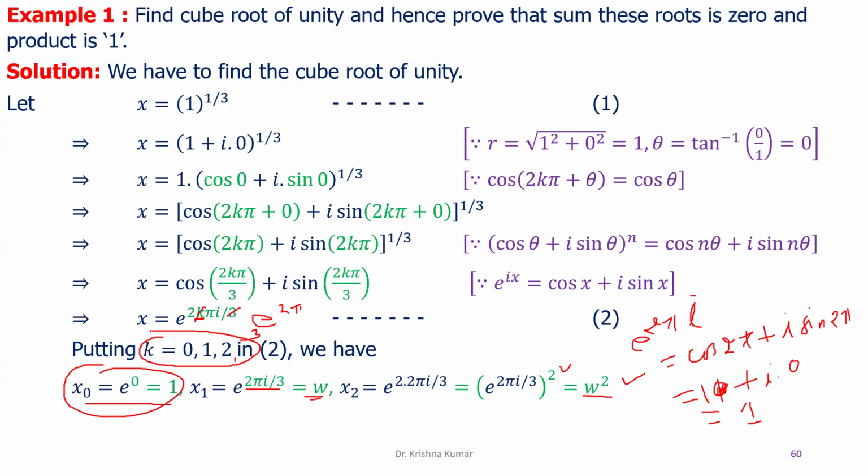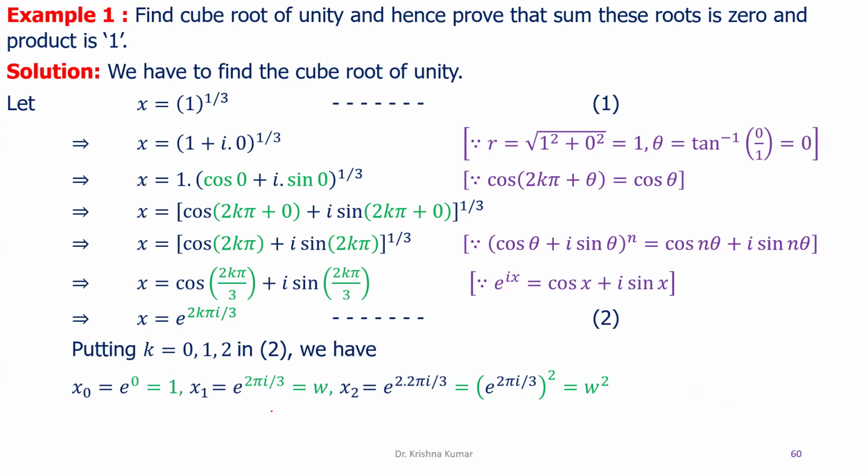We can only use the 3 roots: k equal to 0, k equal to 1, and k equal to 2. Hence, the cube roots of unity are given by 1, omega and omega square.